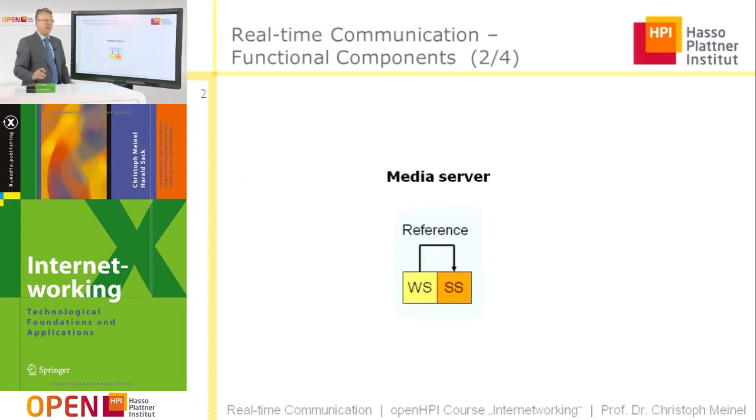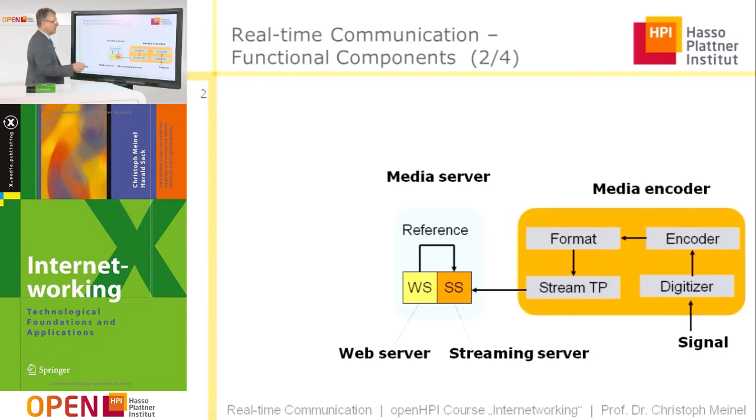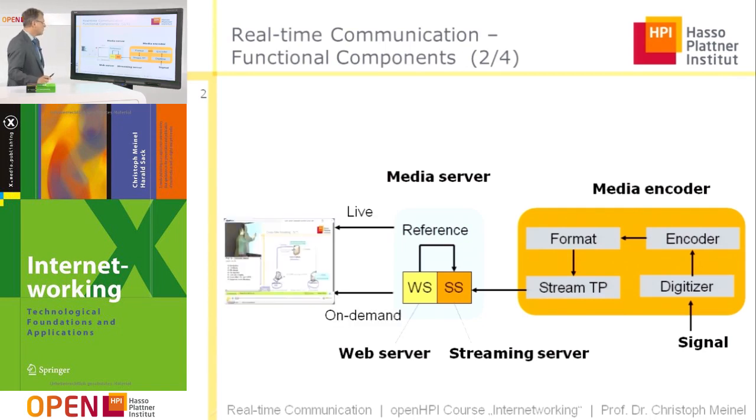If we have a closer look at this illustration, this is a media server consisting of two components, the web server and the streaming server. The streaming server gets the media data. These signals are translated, encoded, and brought to a special format so that the data can be streamed. For example, the video data or the audio data can be handed over to the streaming server, which can then transmit it to the client.